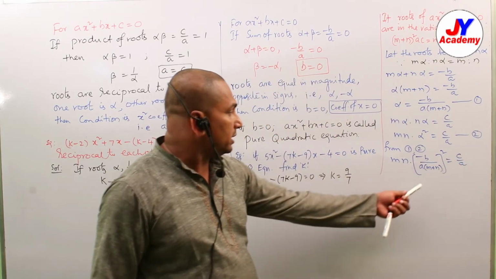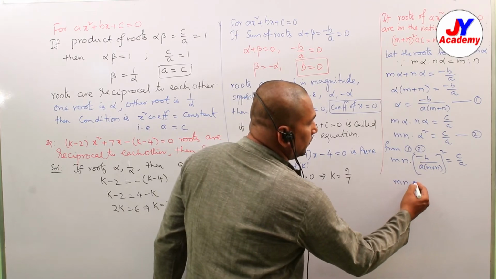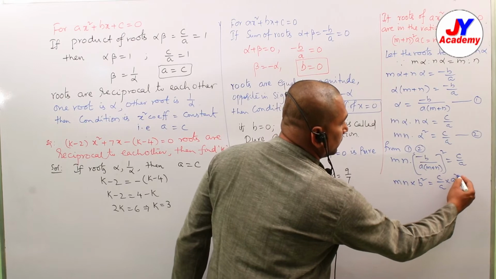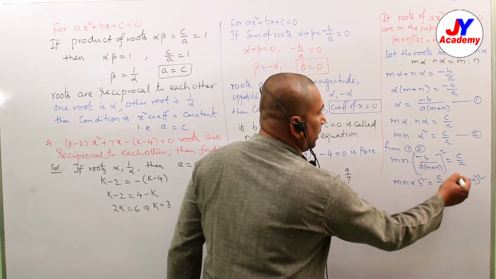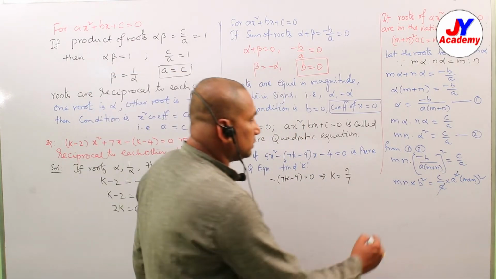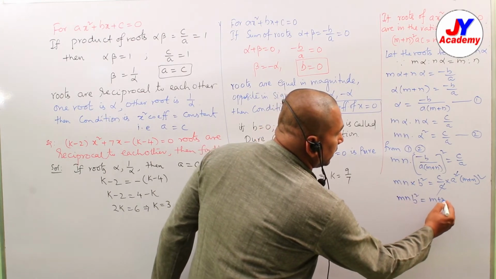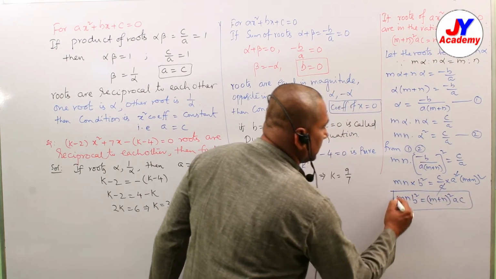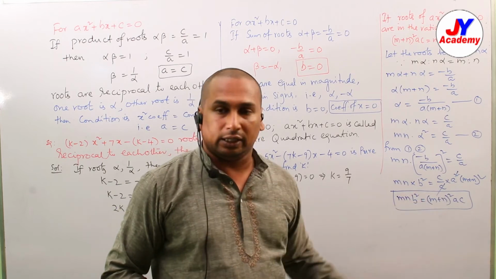Now transpose the denominator: mn b square is equal to c by a into a square into (m plus n) whole square. Now one a gets cancelled in a square. So mn b square is equal to (m plus n) whole square ac. If roots are in the ratio m is to n, then the condition is mn b square is equal to (m plus n) whole square ac.